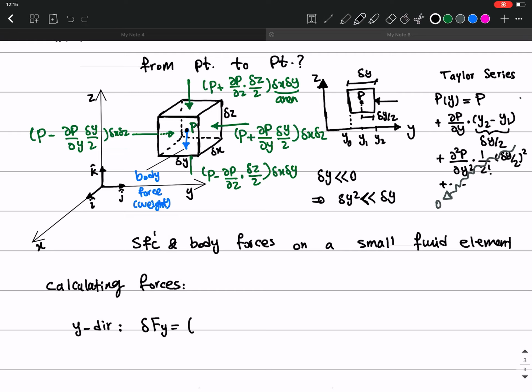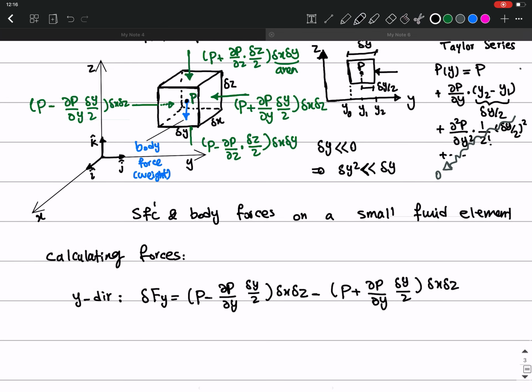So I'm just going to write it down: P minus partial P over partial Y, the first derivative of P with respect to Y, times delta Y over 2 times delta X delta Z, minus this force, P plus partial P over partial Y times delta Y over 2 times delta X delta Z, which is the area at that site.